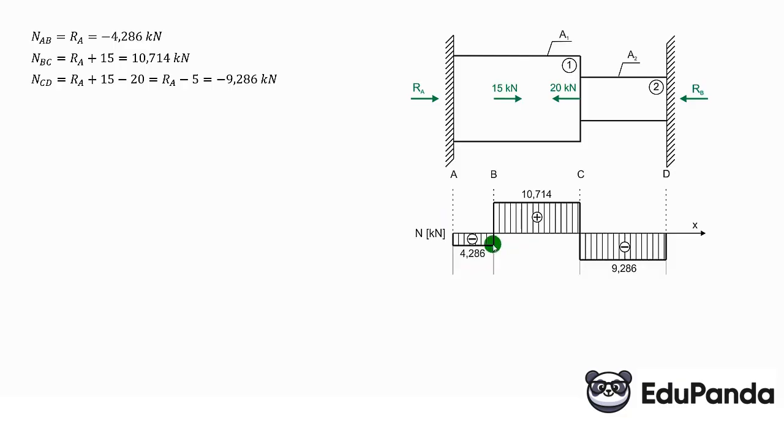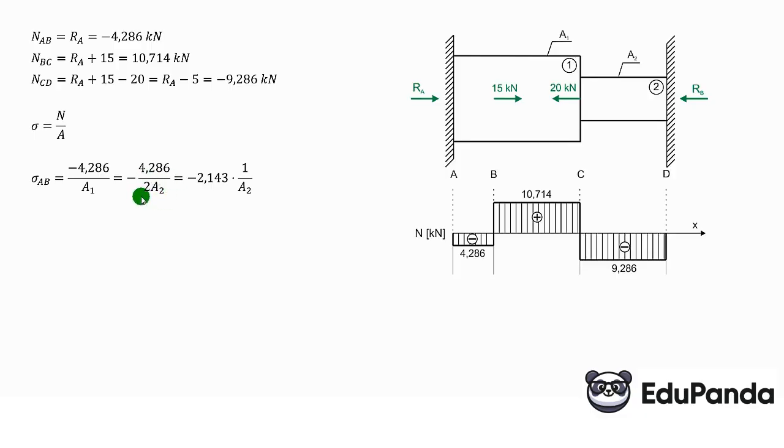Now the stress is the force in the rod interval we are interested in divided by its cross-sectional area. So the stress in the interval AB will be the force from interval AB, minus 4.286 kN, divided by A1, that is by that cross-sectional area. And we will also substitute that A1 is equal to 2 times A2.